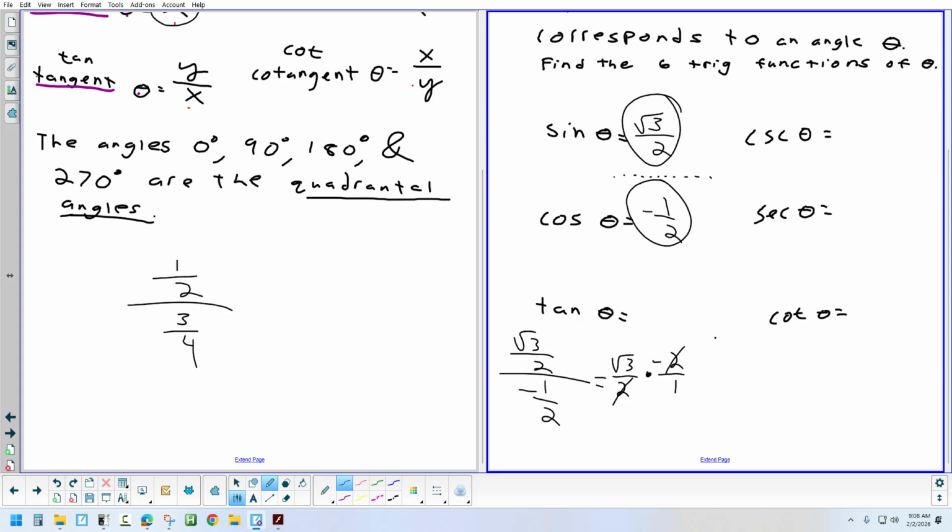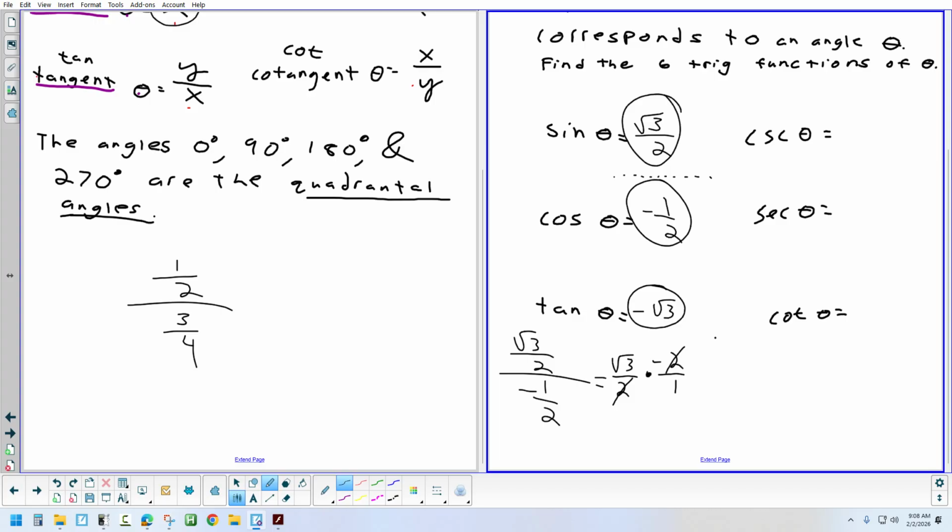Now when we multiply straight across, it got a little bit easier. What's left in the top? Negative square root of 3. And what's left in the bottom? Right, just a 1, but we don't need to divide by 1 because that doesn't change it. So that is our answer. Okay, negative square root of 3. Any question on that?